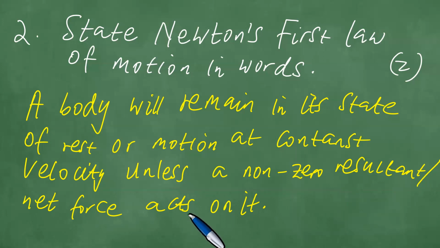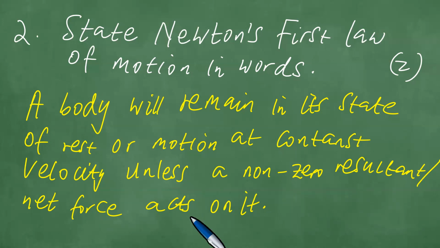So a body will remain in its state of rest or motion at constant velocity unless a non-zero resultant or net force acts on it, and this is called Newton's first law of motion in words.